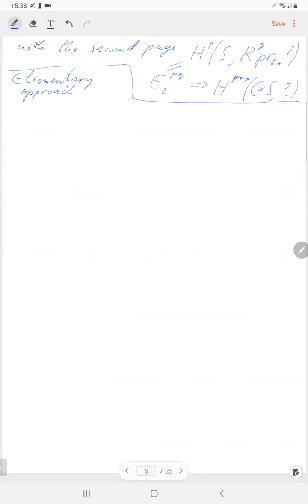Well, just by definition of cohomology. So take the, how is it called, discontinuous sections of Flabby resolution.